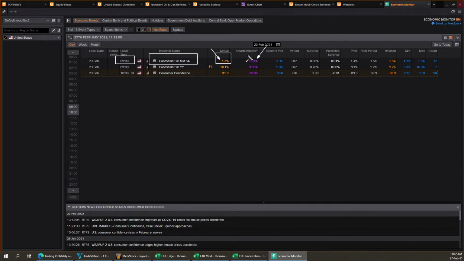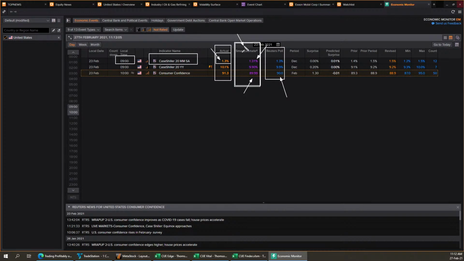You can see I have arranged the template in such a way that actual is first, then smart estimate, not the average poll. There is a difference between average poll and smart estimate. Smart estimate is the estimation of the top people whose past predictions closely matched the actual data or trend. So that is smart estimate.